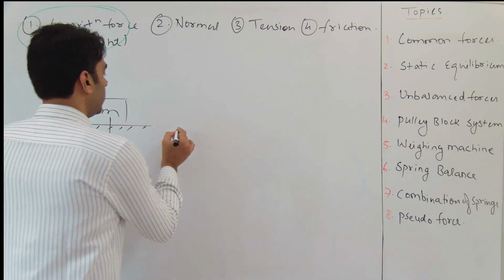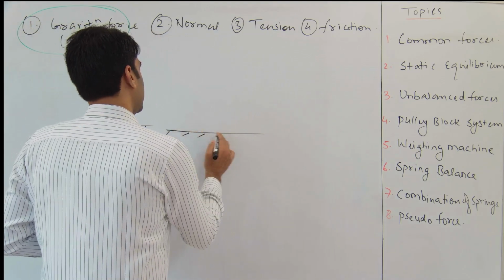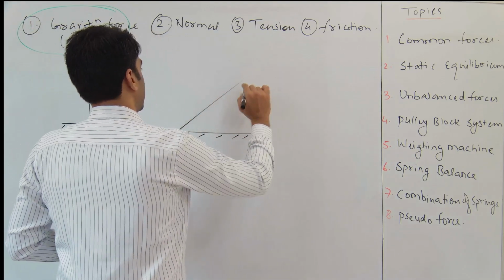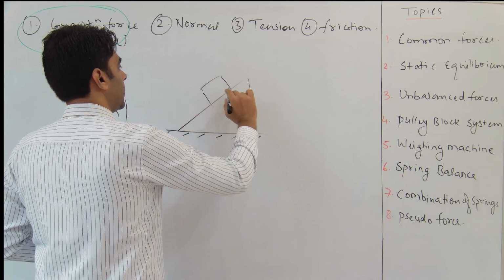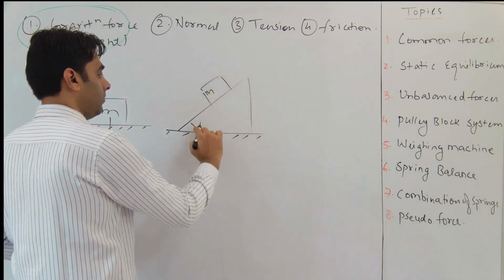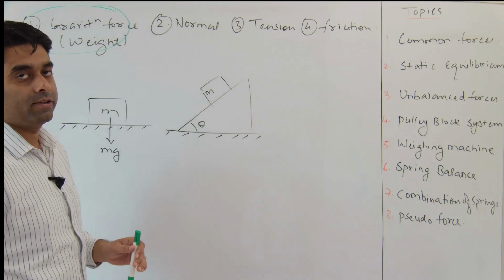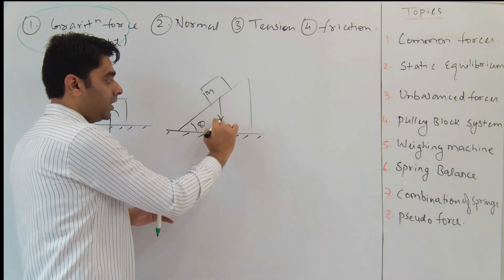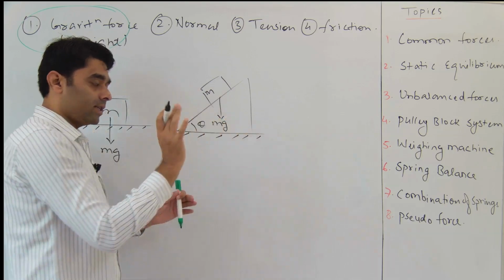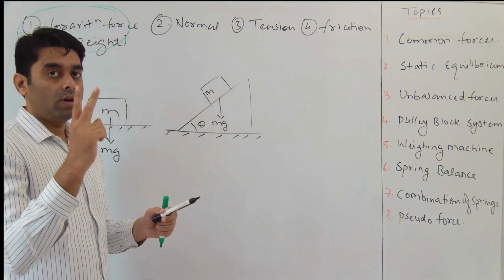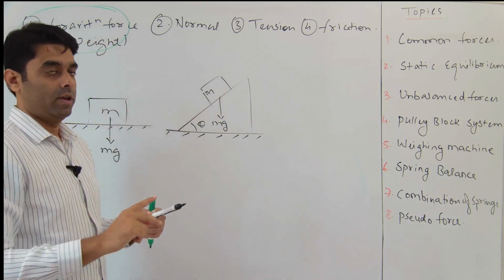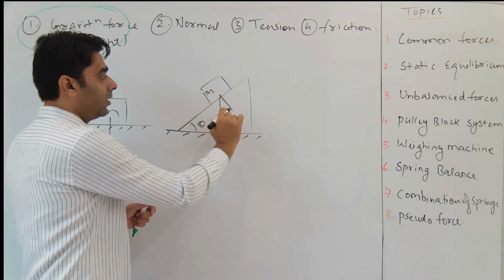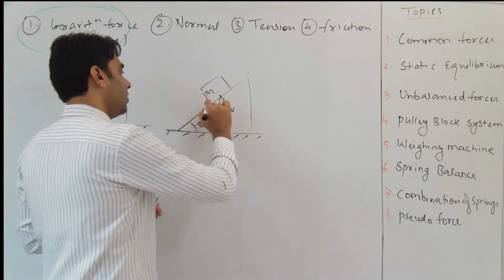Next, suppose a block of mass m is kept on a wedge, on an inclined plane having inclination angle theta. It will also experience vertically downward mg. In this case, we resolve this mg into two components: perpendicular to the incline and along the incline.